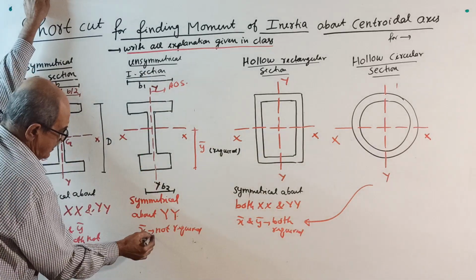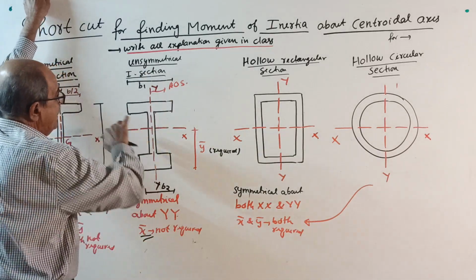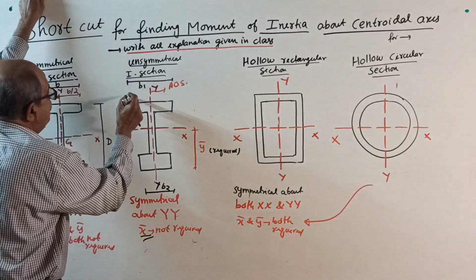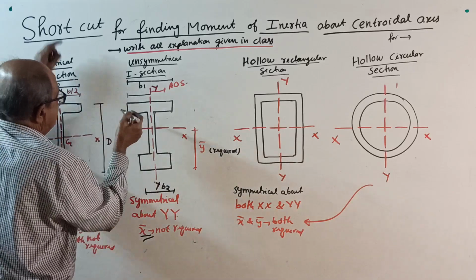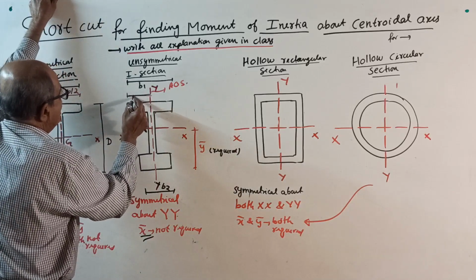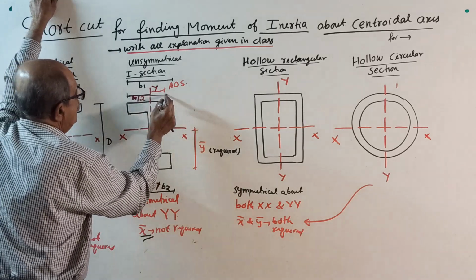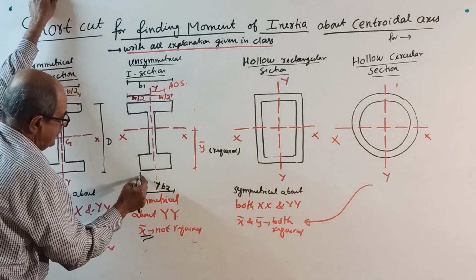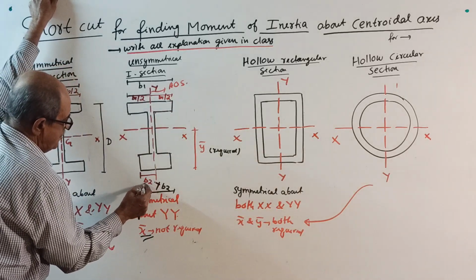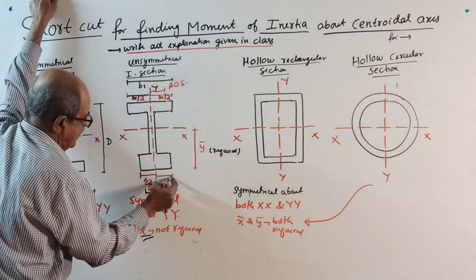So therefore x bar is not required. If this is b1, this will be directly b1 by 2 and b1 by 2. Here, if it is b2, directly b2 by 2 and b2 by 2.